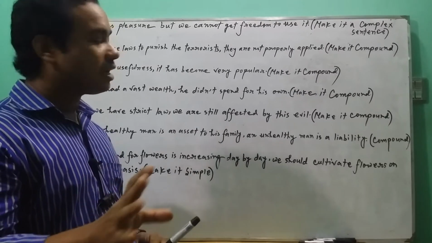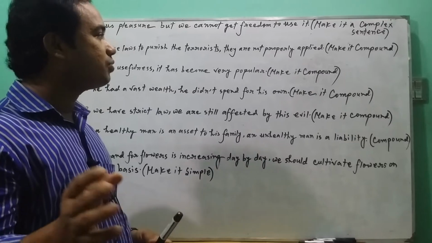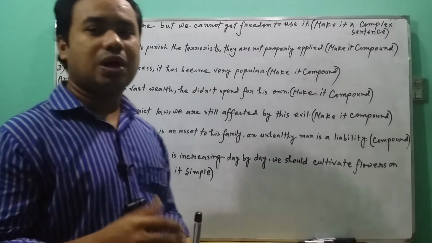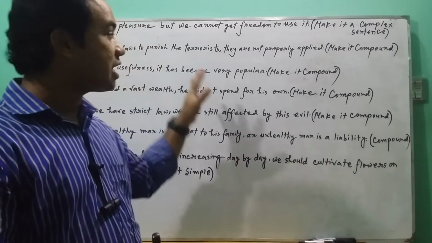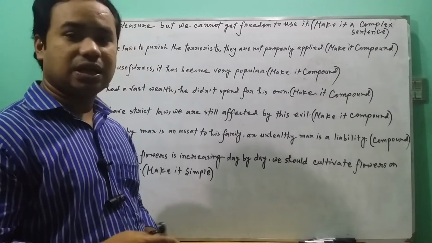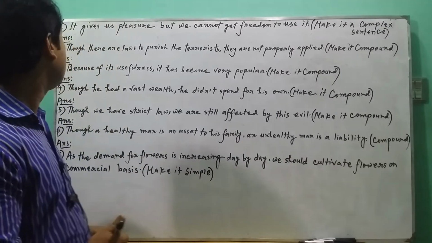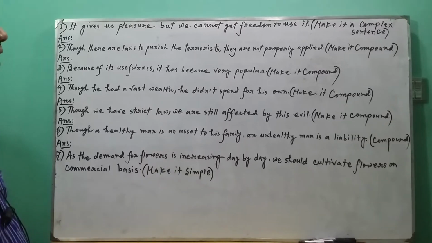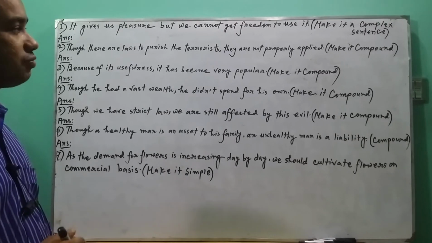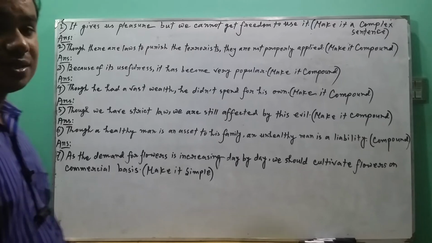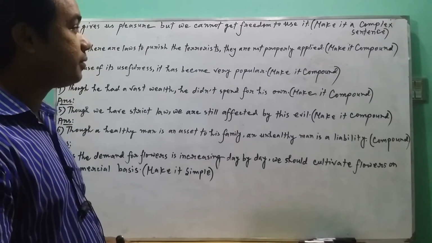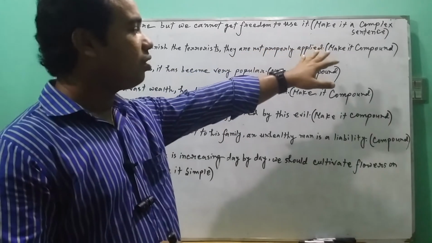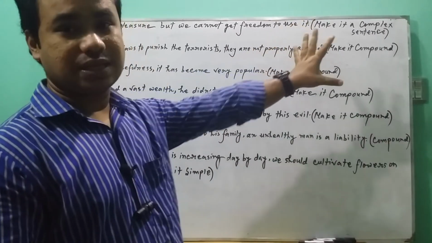Before I start the transformation, I have to make sure that you are able to recognize different types of sentences, and let's start with the first one. Let me read out the first one. It gives us pleasure, but we cannot get freedom to use it. Let's say the type of sentence. We have an instruction. We are told to make this a complex sentence.